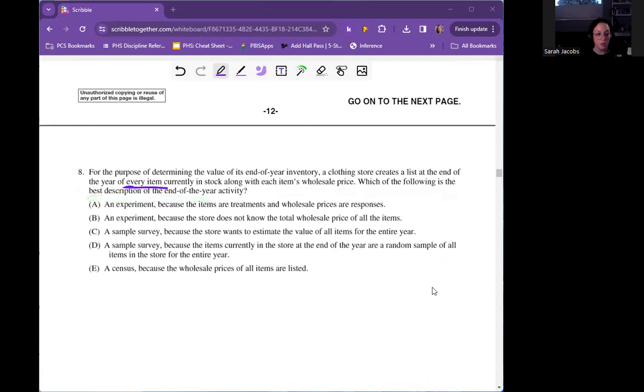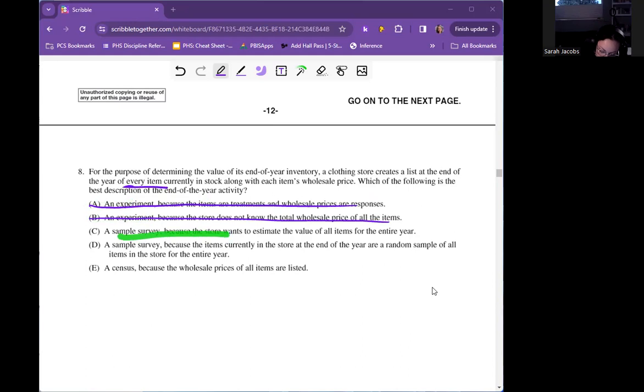Okay, so if you're cataloging or collecting data from everybody, every item, the entire population, that is a census, like when they do the US Census every 10 years. They're trying to get everyone to respond. So this is not an experiment of any kind because nothing's being manipulated, right? There's no treatments applied. There's no control groups.